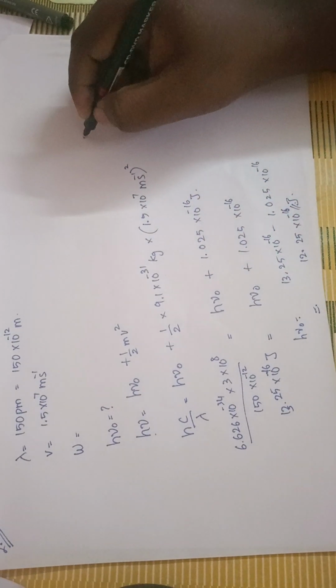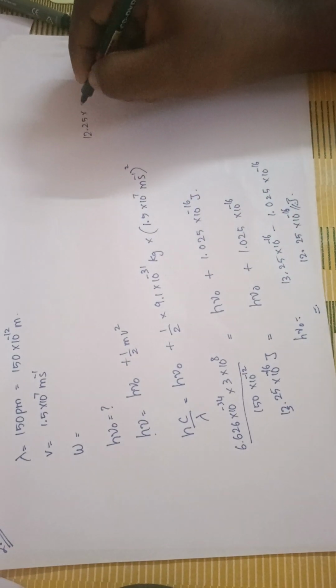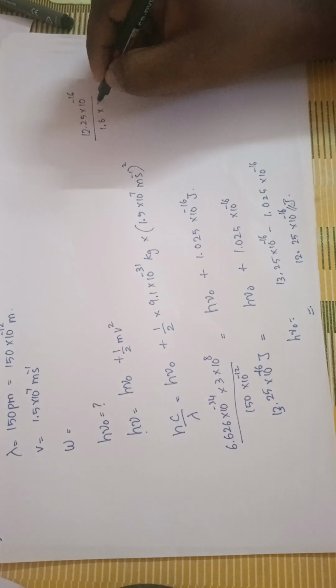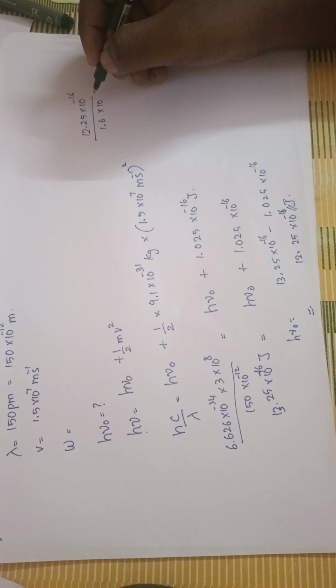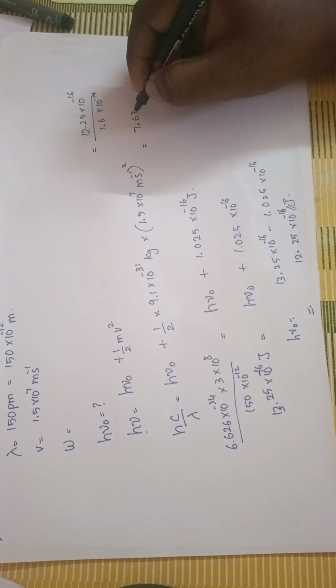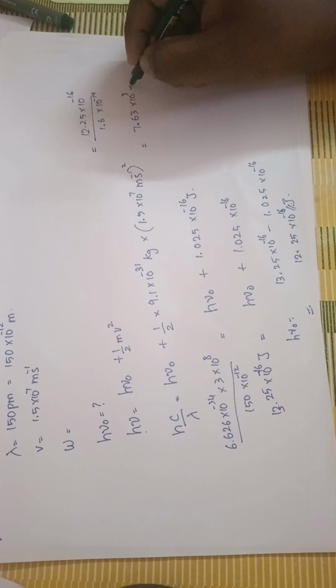If you want it in electron volts, 12.25 into 10 power minus 16 divided by 1.6 into 10 power minus 19, which will be equal to 7.63 into 10 power 3 electron volts.